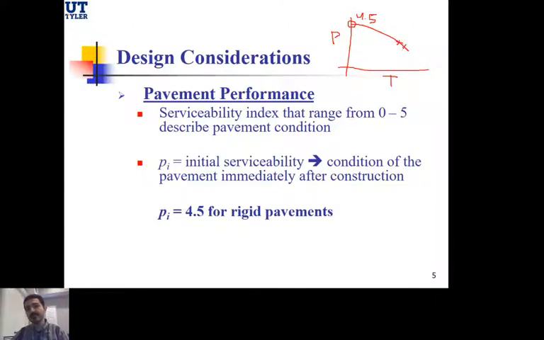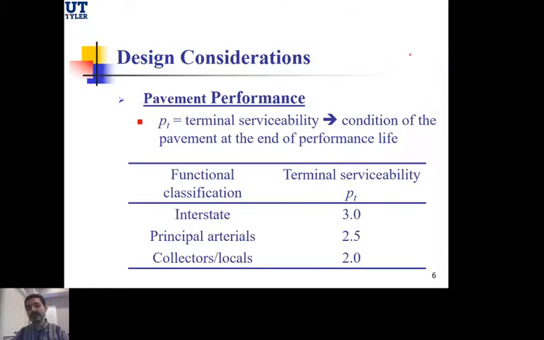Is failure 2, 2.5, 3? This is one of the similarities between rigid pavement and flexible pavement: the terminal serviceability. Terminal serviceability, as I mentioned last time, is the condition of the pavement at the end of the performance life.